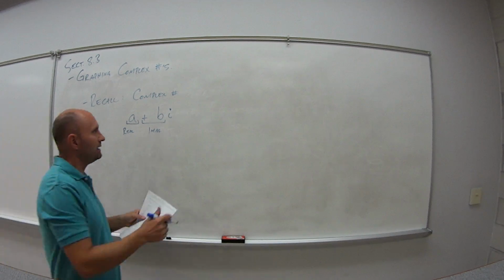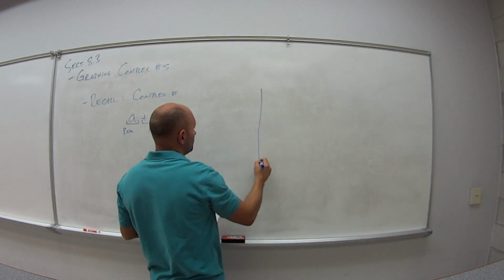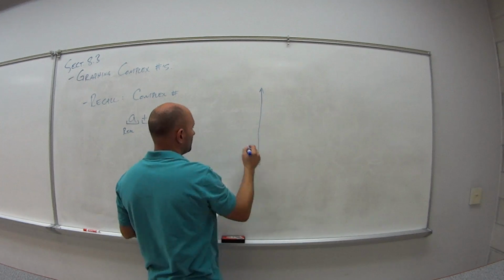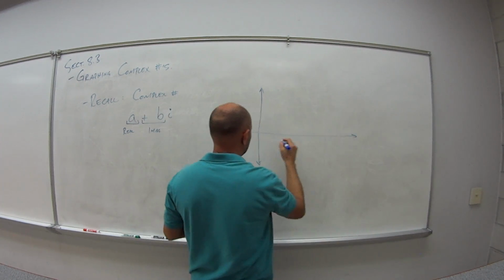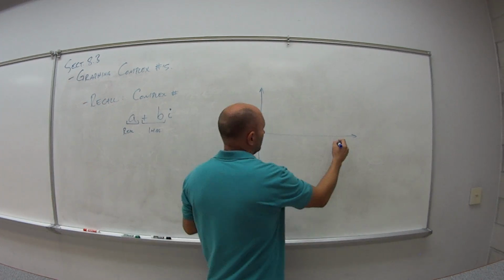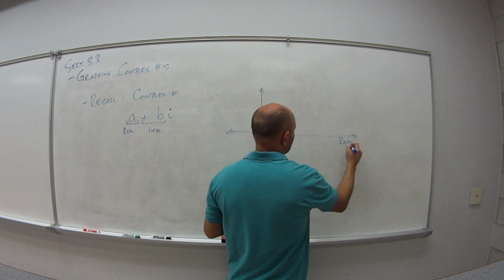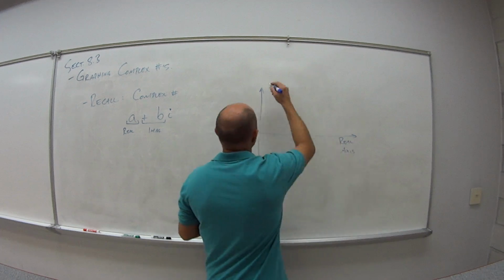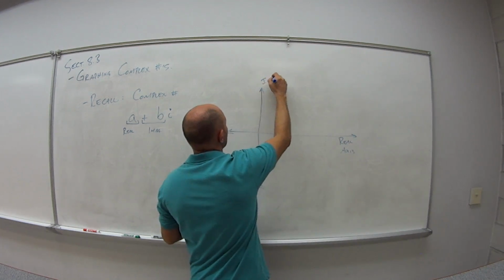If we're graphing these, the graph we use looks similar to our XY graph, but now the horizontal is going to be our real axis, and the vertical is our imaginary axis.